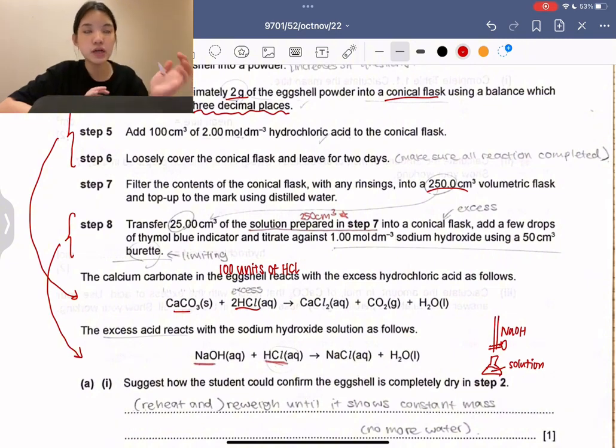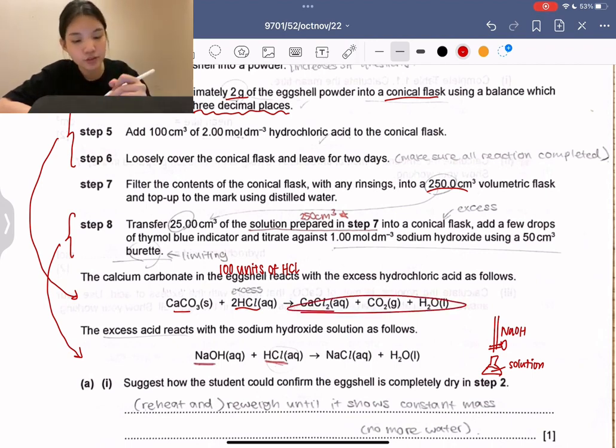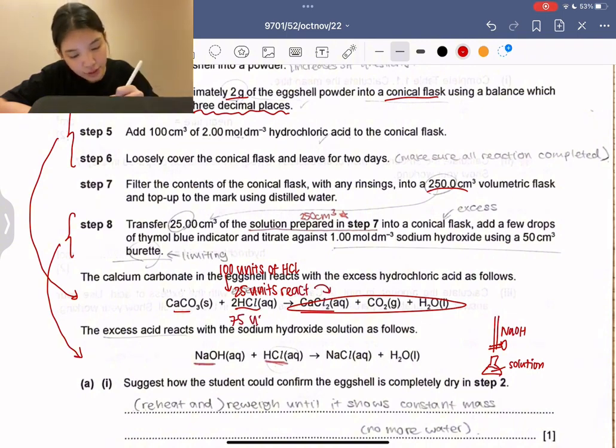For example, only 25 units of the HCl actually react with CaCO3 to form this, okay? So actually only 25 units react, and 75 units of HCl is unreacted.